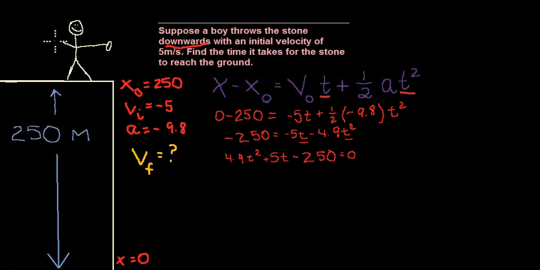If you don't know the quadratic formula, let me write it up here. It is x equals negative b plus or minus the square root of b squared minus 4ac, and then that's all divided by 2a.